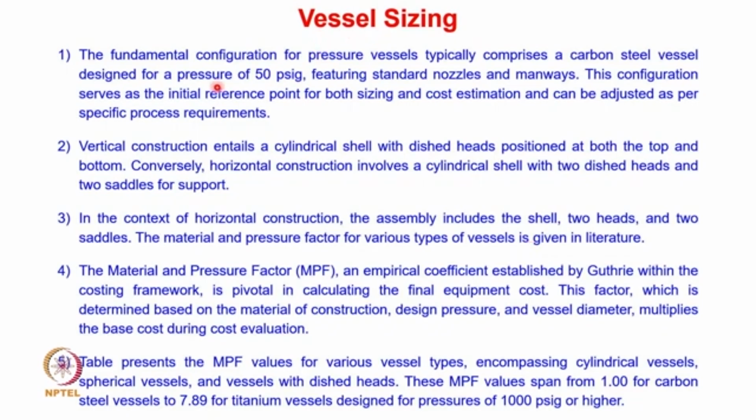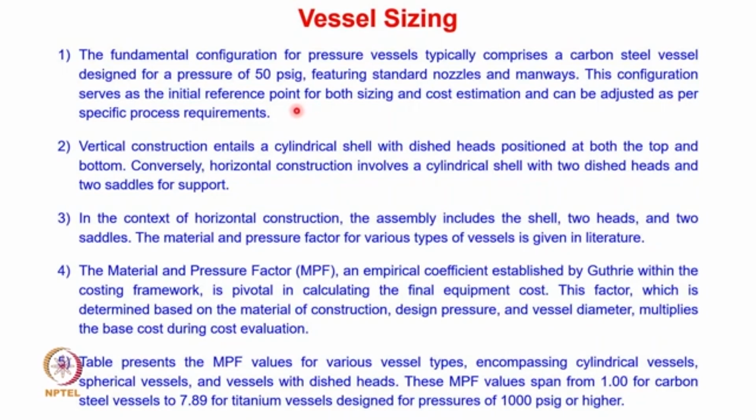Whenever we are doing the vessel sizing, the fundamental configuration for pressure vessels typically comprises a carbon steel vessel designed for a pressure of 15 psig. So in a normal case, we use 15 psig as the pressure specification, again featuring the standard nozzles and manholes. This configuration serves as an initial reference point.